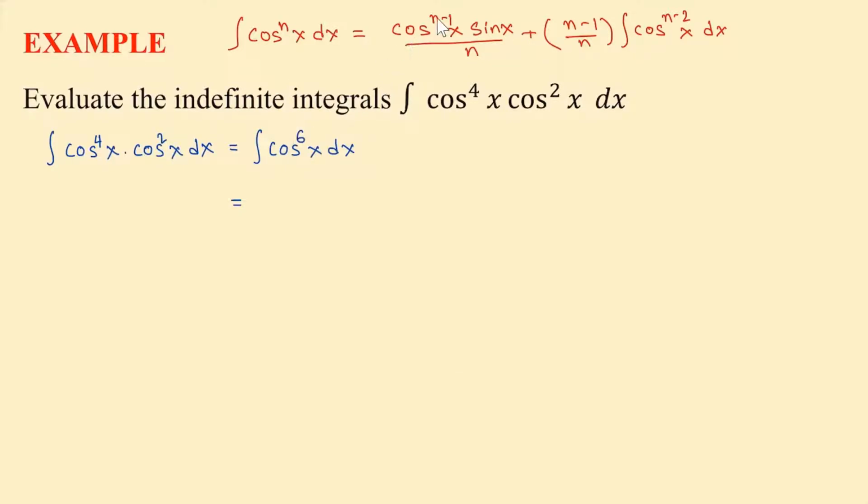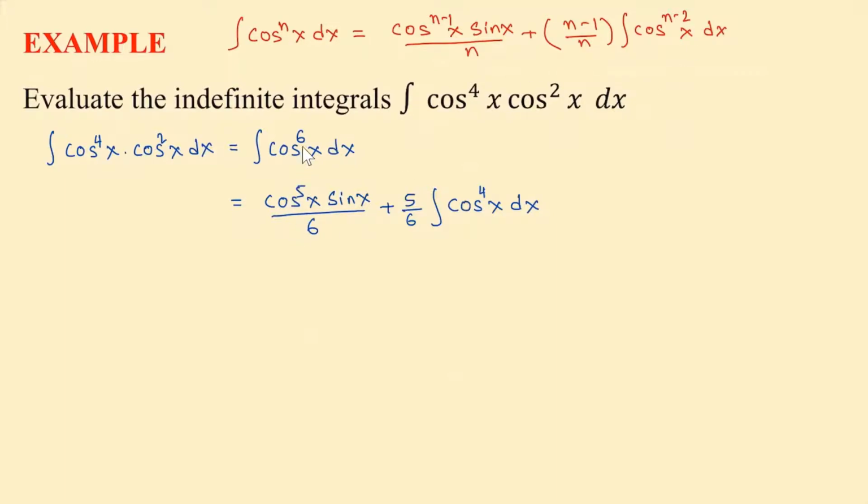So this will be cosine to the n minus 1, 6 minus 1 is 5, so cosine 5 x times sine x divided by n, n is 6, plus n minus 1, so 6 minus 1 is 5, over n, that is 6. 5/6 integration of cosine to the n minus 2. N is 6, 6 minus 2 will be 4, x dx.